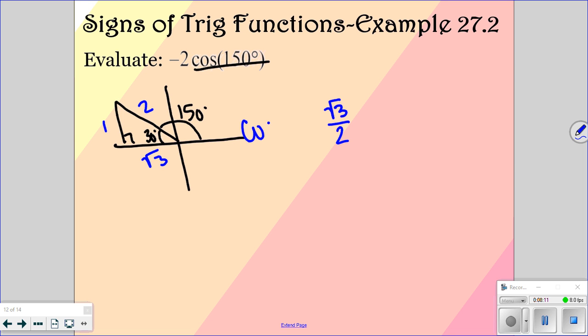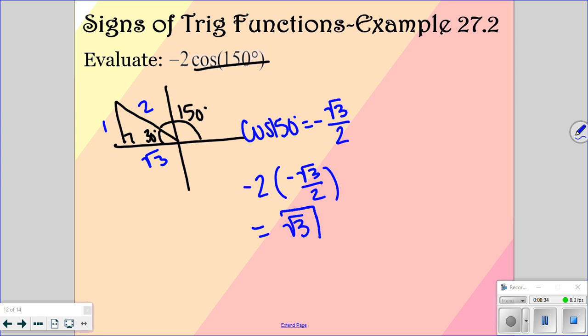So the cosine of 150, is it going to be a positive or a negative? If we're in the second quadrant, cosine is negative. So we actually have 2, or negative 2 times negative square root of 3 over 2. And so if you multiply that, you get a positive square root of 3. Okay, so that's how those work.